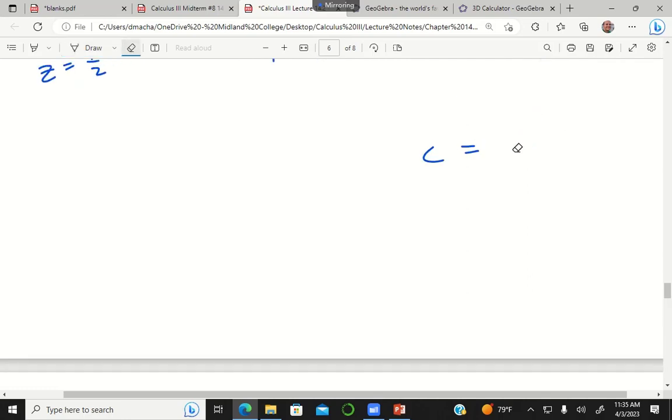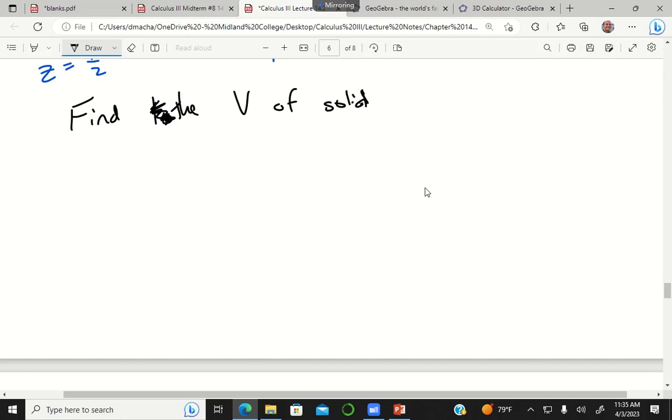Now I can restate this problem as: find the volume of a solid over R with this formula for my integrand, and it's going to be 1 minus x squared minus y squared minus 1 plus y.